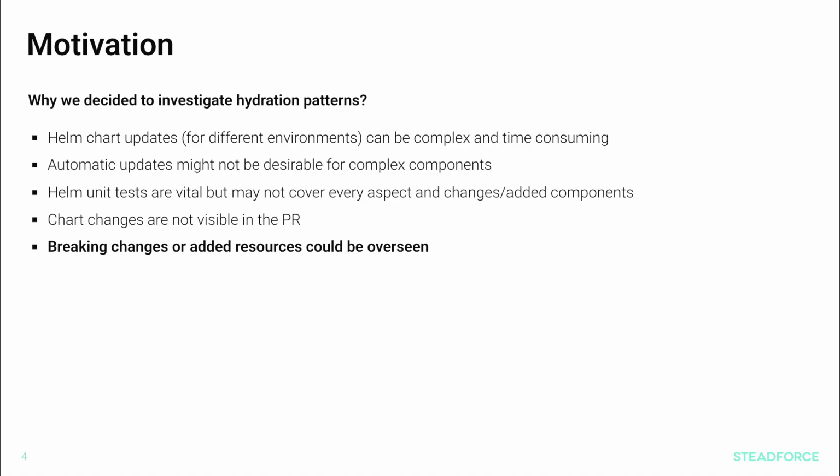And due to this fact, it was very often that breaking changes in Helm charts or new resources were overseen, and we had things in the cluster we don't want to have in the clusters. Yeah, and now we decided we want to make this transparent and visible for the developers by pull requests.